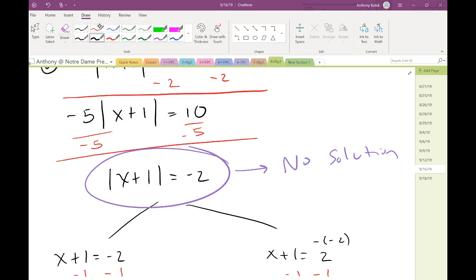Now, being able to do that relies on you noticing that you had an absolute value equal to a negative. Nobody here apparently noticed that as we were going through. Nobody spoke up, which is fine, because we caught the no solution part still at the end with the checking. But if you did not check, you would miss the no solution part, right?